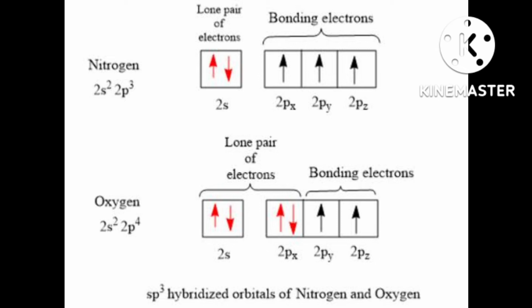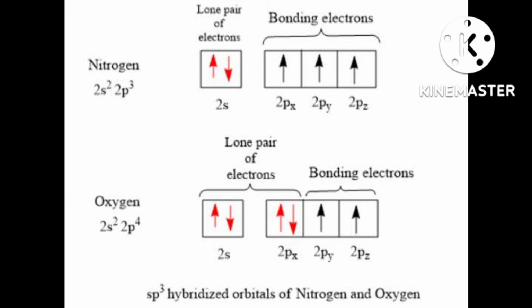Now I am telling you examples of sp hybridization. BeCl2 is the best example. I have already told you about BeCl2, same things here. First consider Be, beryllium.